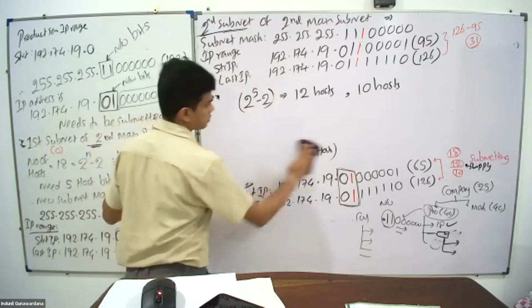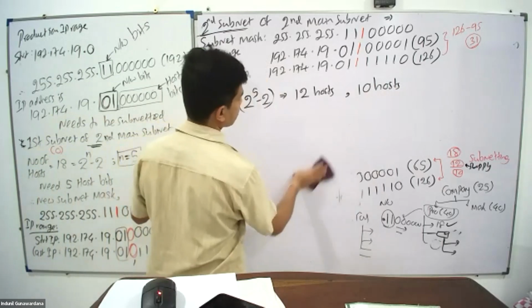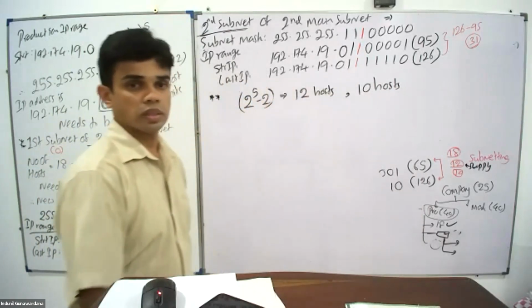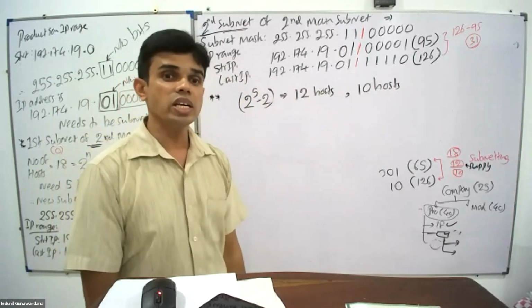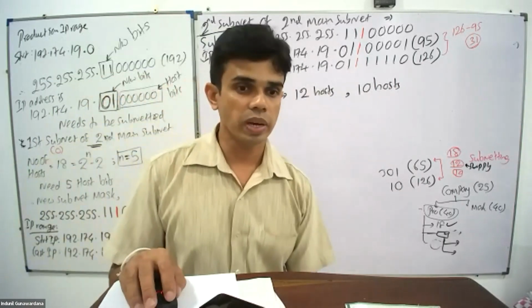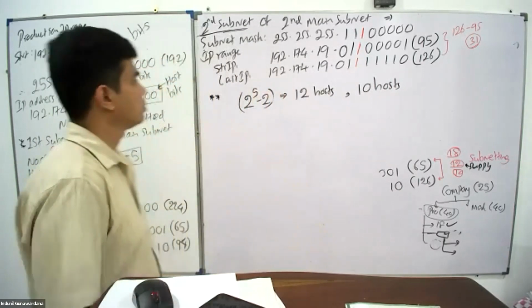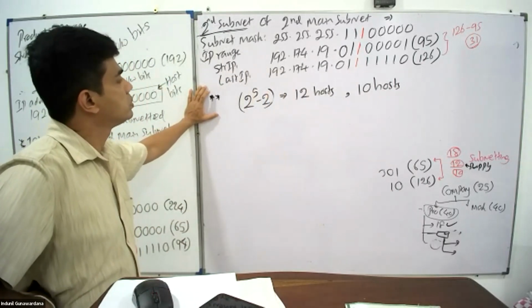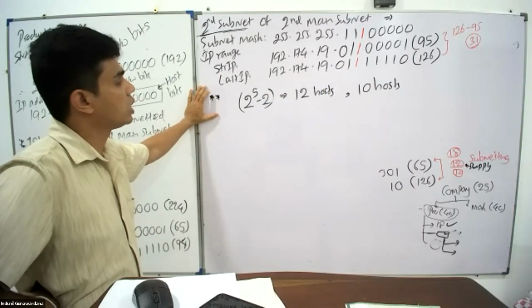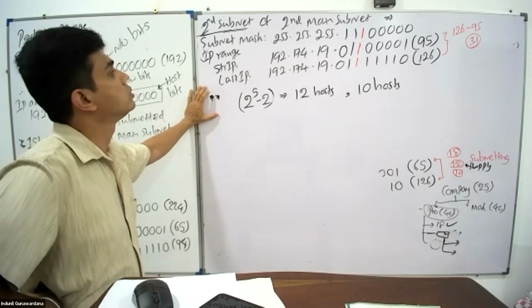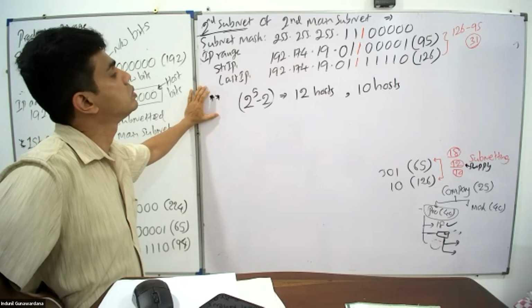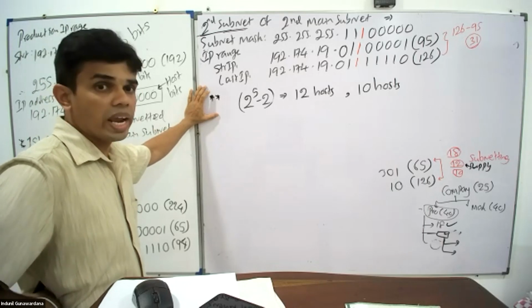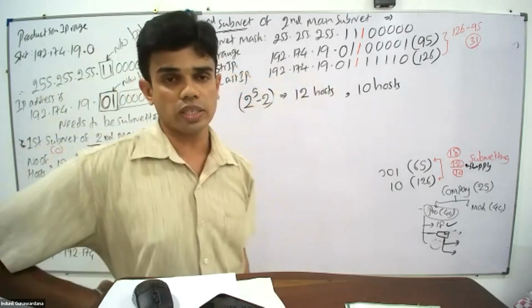So the above subnet has to be subnetted further to create two more subnetworks.